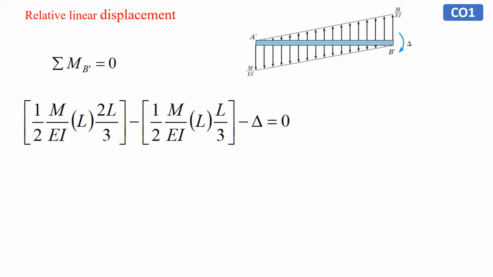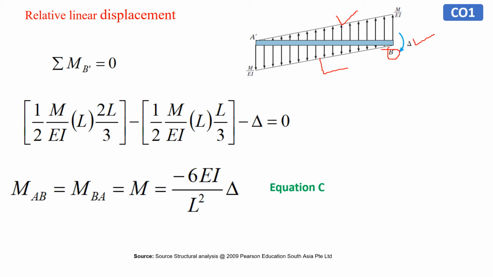Whenever we apply the equilibrium equation at B, we have this triangular loading, this triangular loading, and additionally delta. So consider all these three terms while writing the equilibrium equation at B.